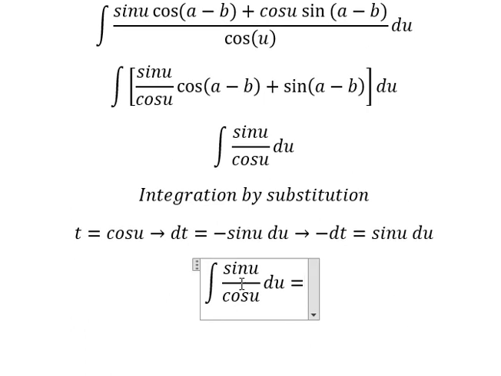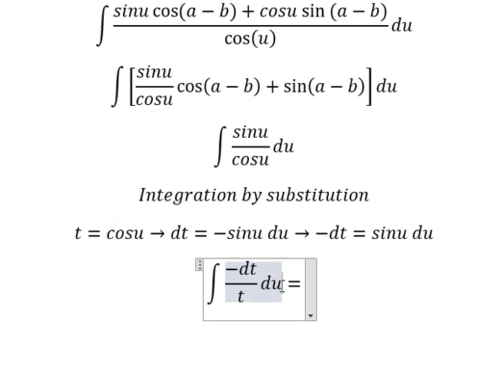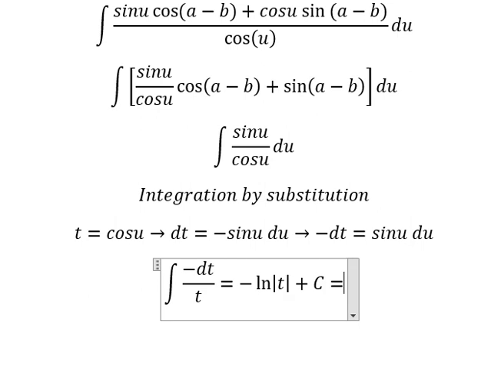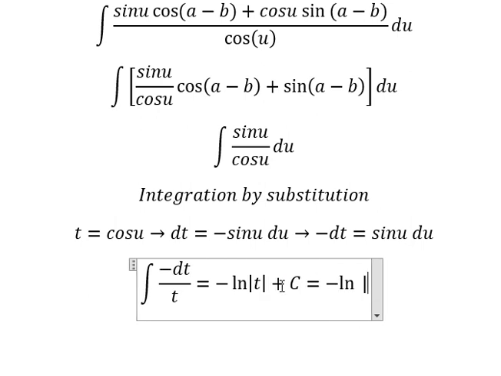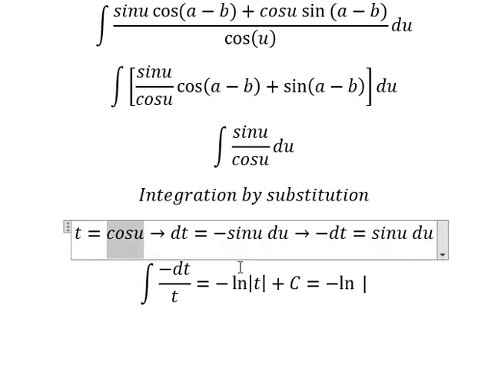So cosine u we change for t. Sine u du we change for negative dt. And now we have the final answer. About t, that is cosine u.